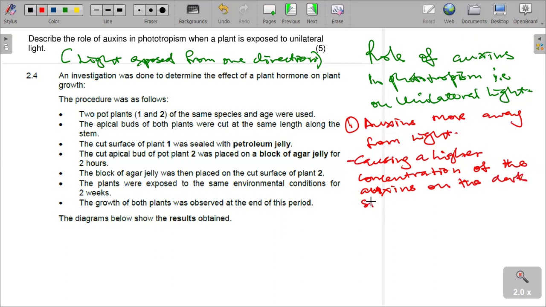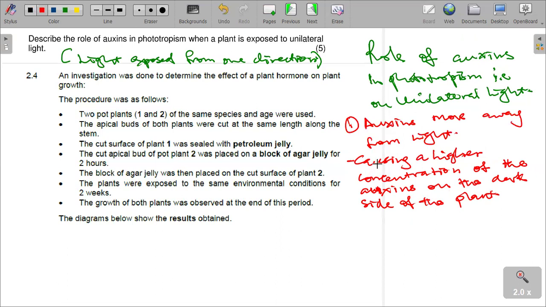So auxins move away from light, causing them to be highly concentrated on the opposite side from the direction of light.